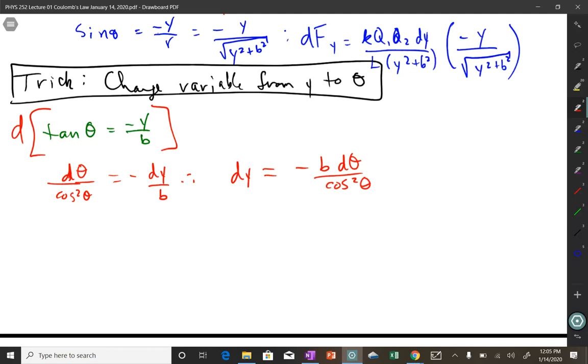Right. And right now, it looks like I just bit myself in the tail. It does, because I now have a cosine squared theta, and you're like, I don't think you made it easier, sir. No. But bear with me.